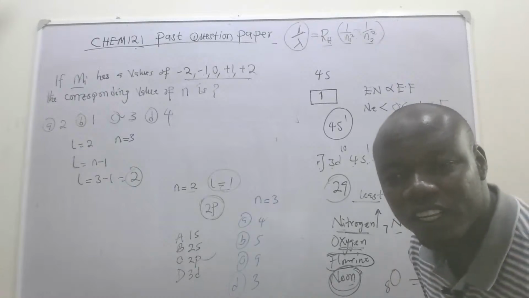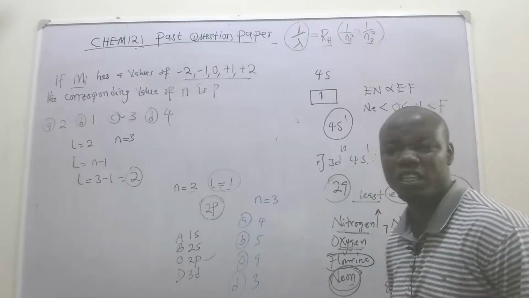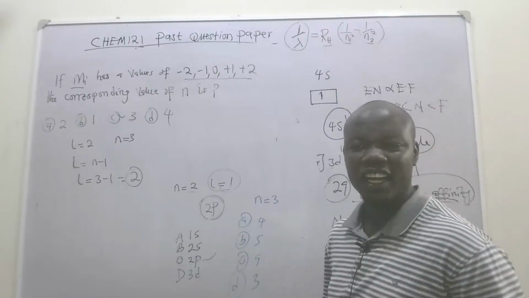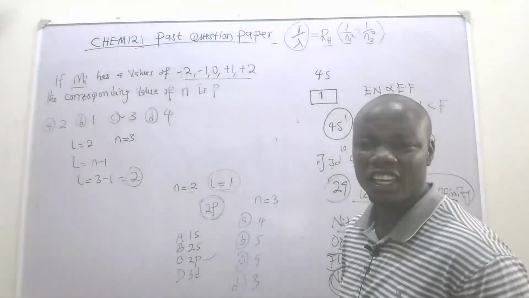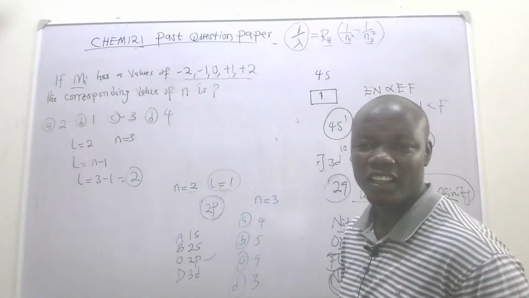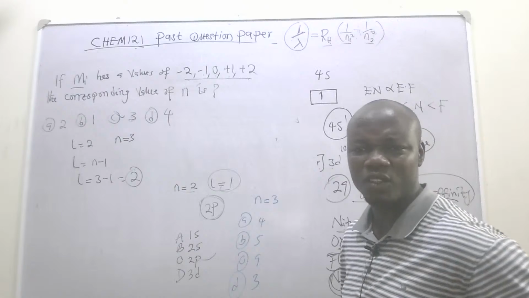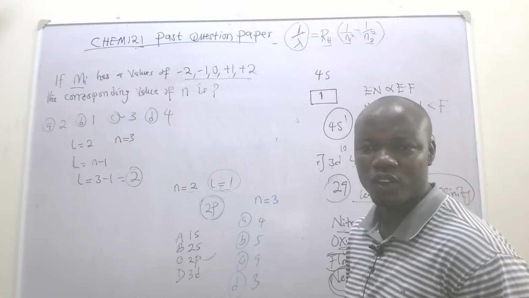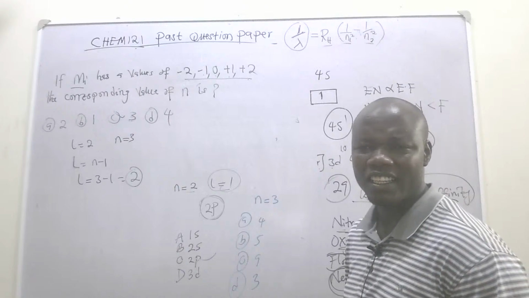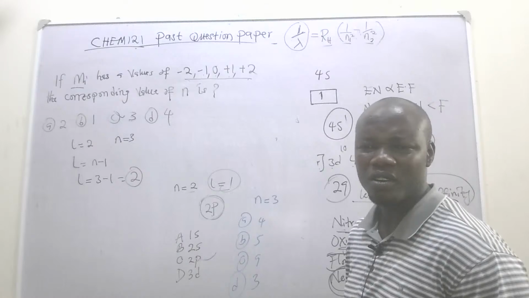Okay, s plus p plus d. And here you said s equals to 1, p is equal to 3, and d is equal to 5.